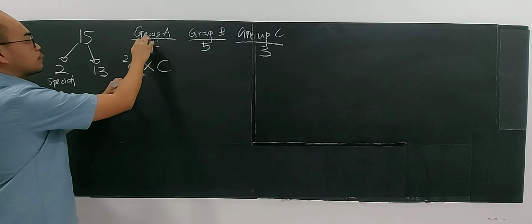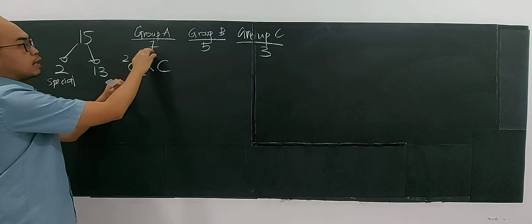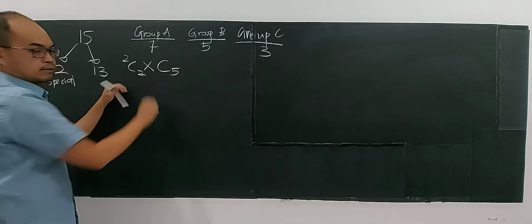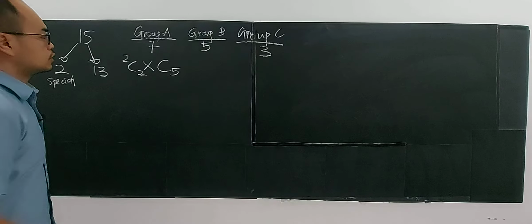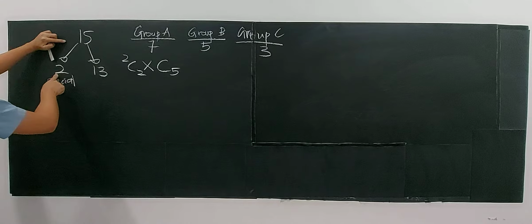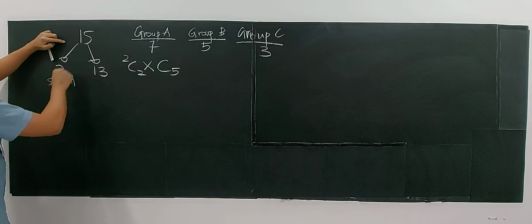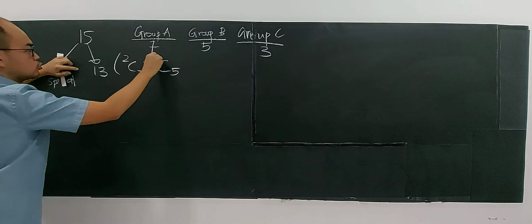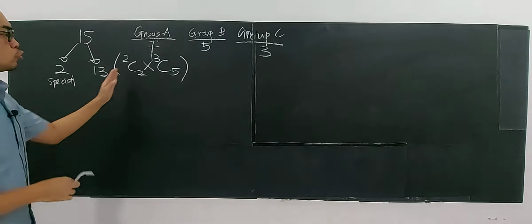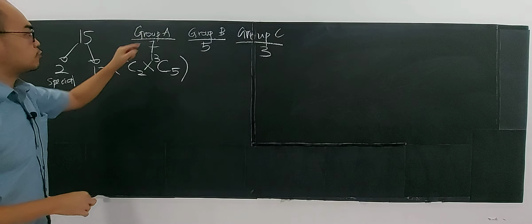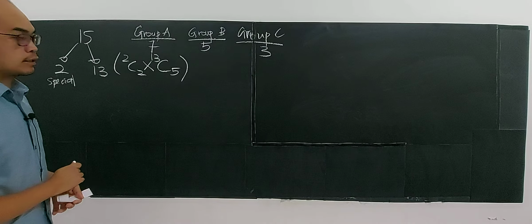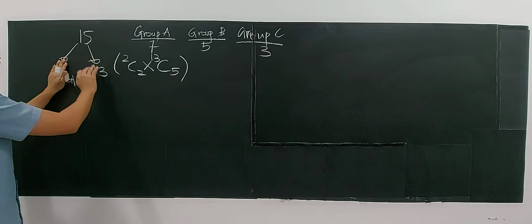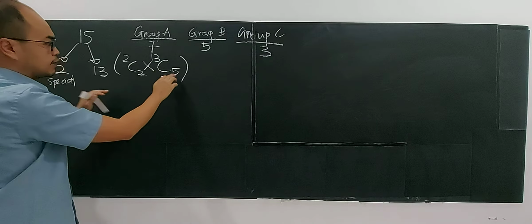Group A needs 7, so 5 plus 2 makes 7 students. These 2 must be in group A, and the remaining 5 must be chosen from the 13 to make sure there are 7 in group A. Excluding these 2, we still have 13 more, so 13 choose the remaining 5.